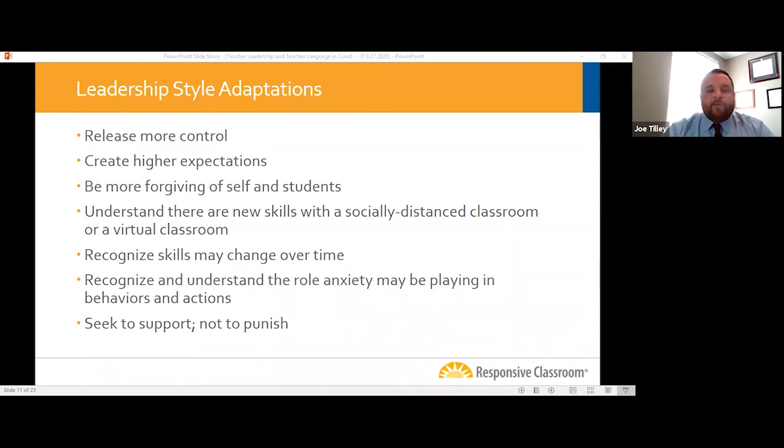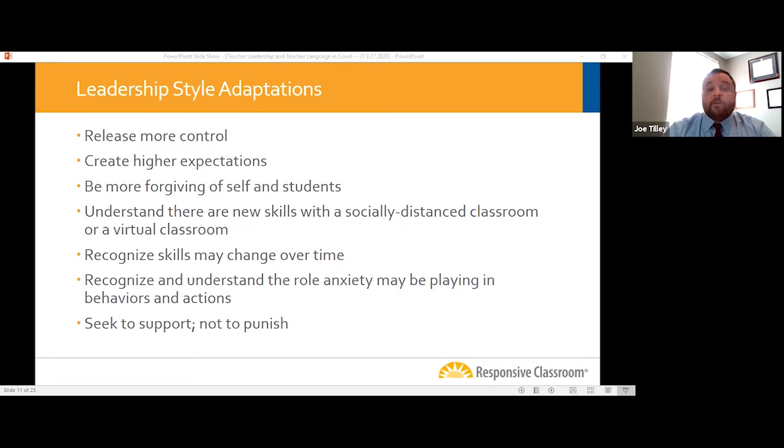And those are the types of things that also can be driving some behavior. And so if you have a student who suddenly turns their camera off, it may be because something occurred in that environment where they were afraid it was going to be distracting. And that's a skill that we learn as adults. And this is that higher expectation piece.